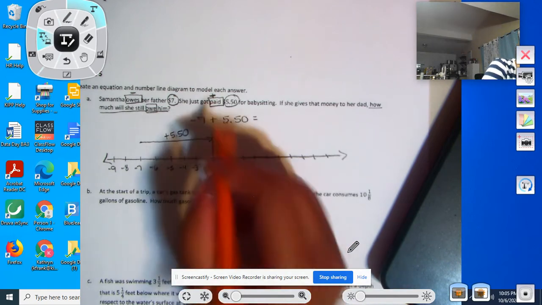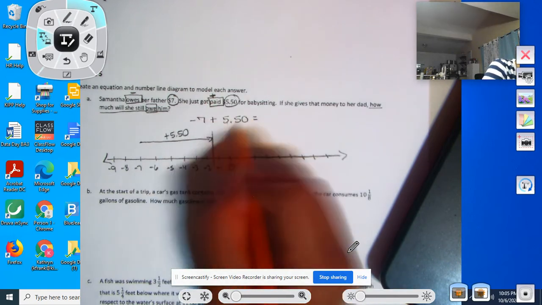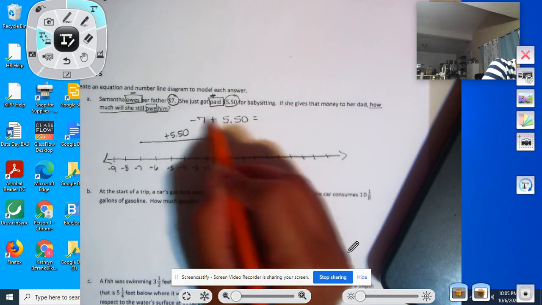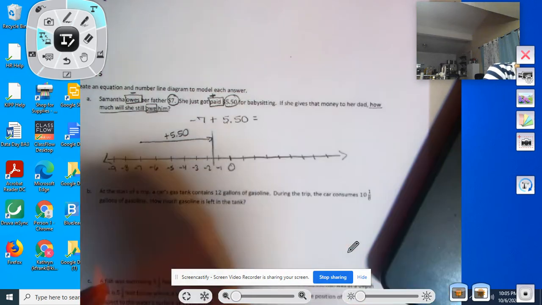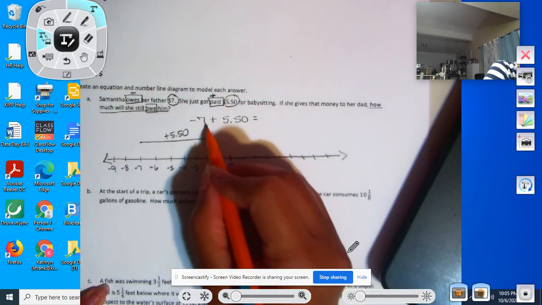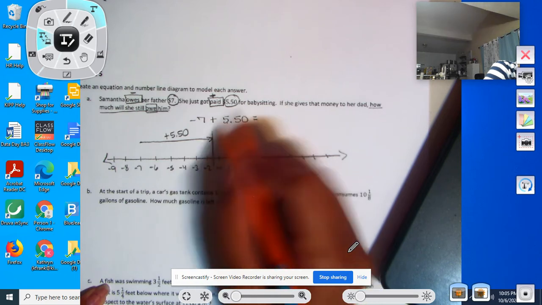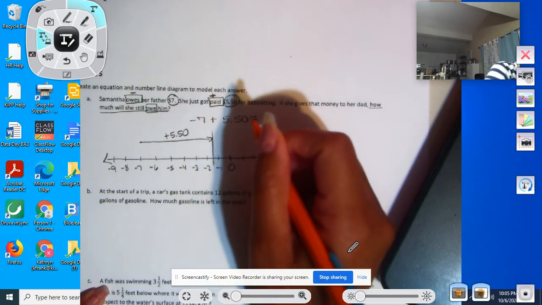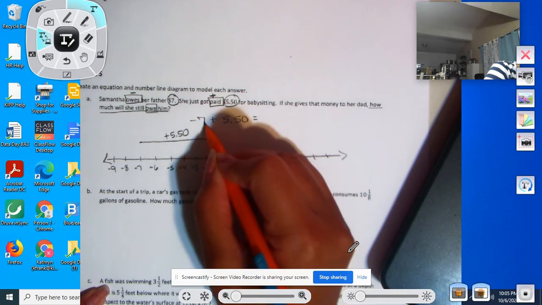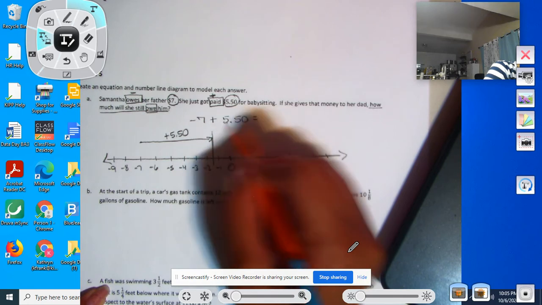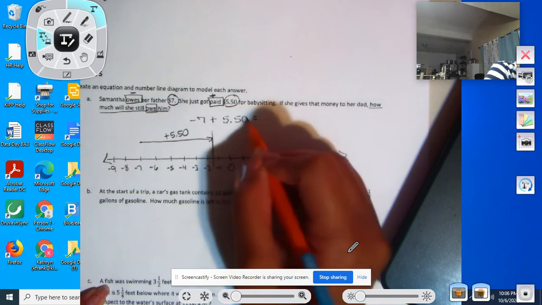Okay. Well, what I have here is -7 plus 5.50. What we found out from previous work is that we could also think about it this way: -7, its absolute value is 7. And the absolute value of 5.50 is 5.50.